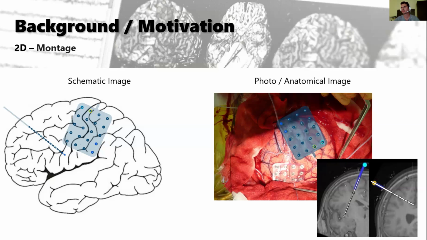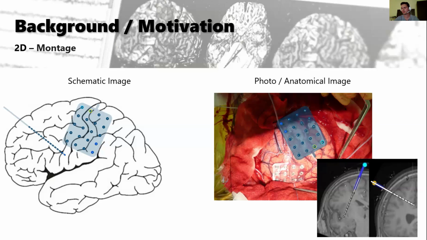But you can imagine that, especially with depth electrodes, it can get quite confusing to put all of them on one schematic image. So another approach is to use a photo, for example, of the open skull, and just overlay the electrodes on that.